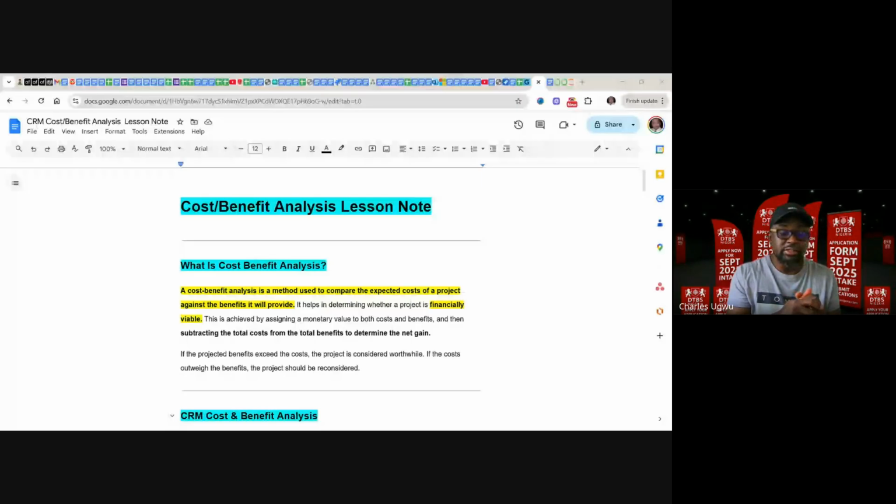I think the next thing we need to do to round up the initiate stage is the business case. Once you have all these in place, the next thing is for you to write a report. That report is what we call the business case, to give a justification for the project to go on.